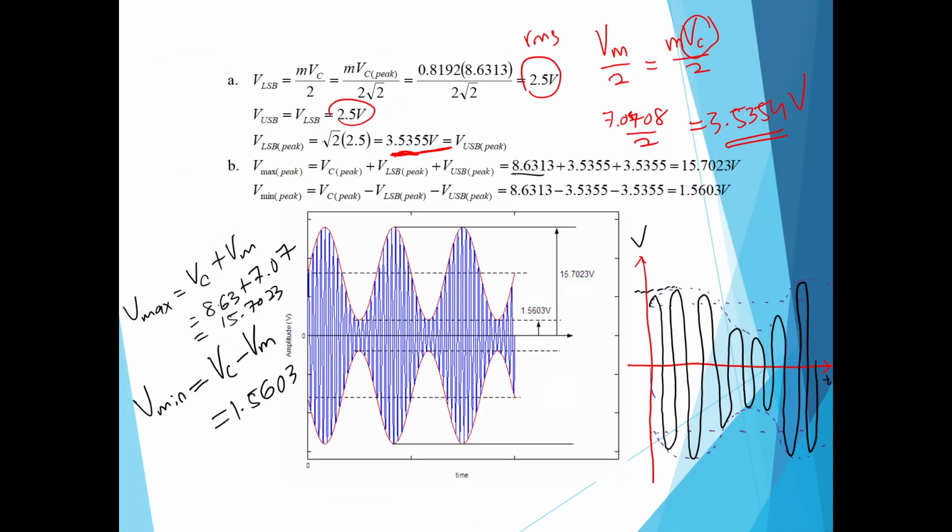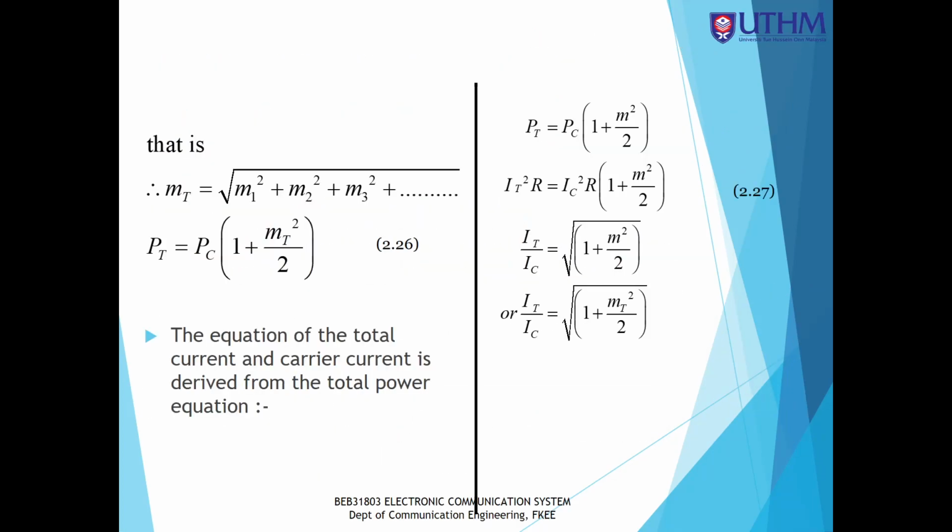I need to put the value over here: this is 15.7023 for the maximum, and for the minimum this one is 1.5603. Over here is minus 15 point.